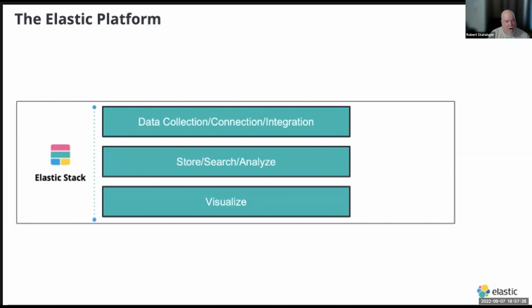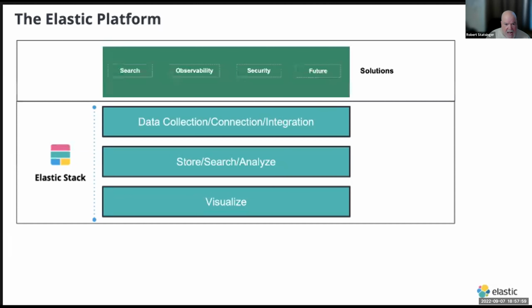It's great for anything that has any kind of structure or lack of structure that you want to get in there and perform highly scalable, relevant search applications. And on top of that, there's this visualization layer, which is Kibana. It's a very rich UI for visualizing the data, developing custom dashboards, visualizations, analytics, and so forth, integrated into the stack.